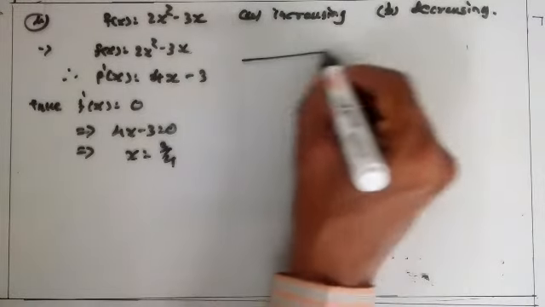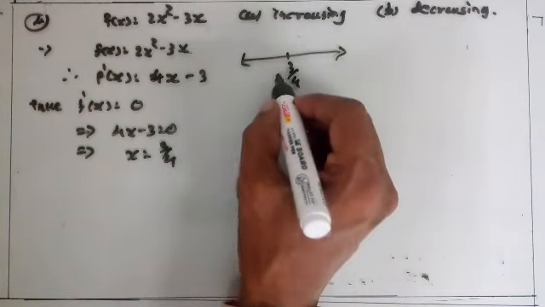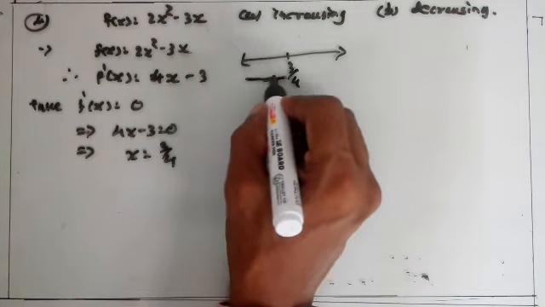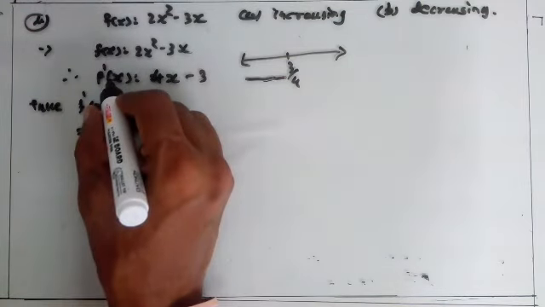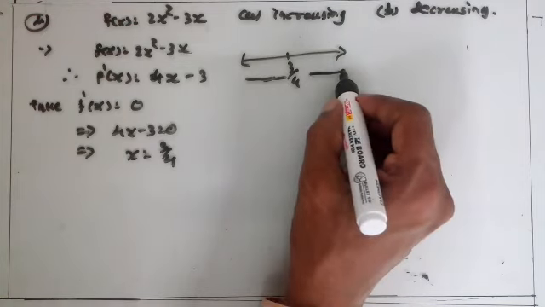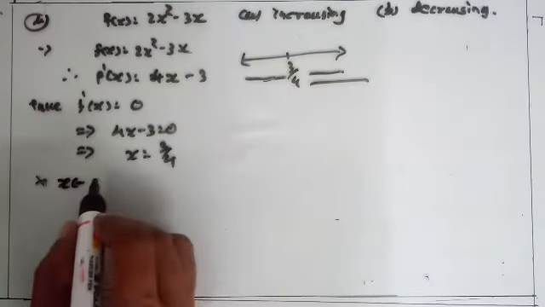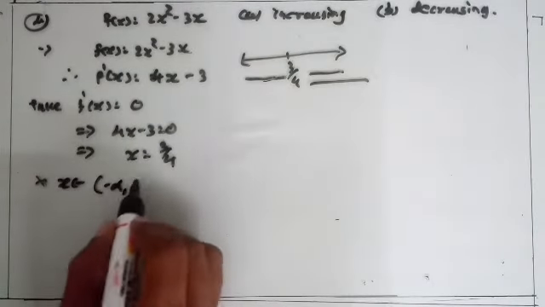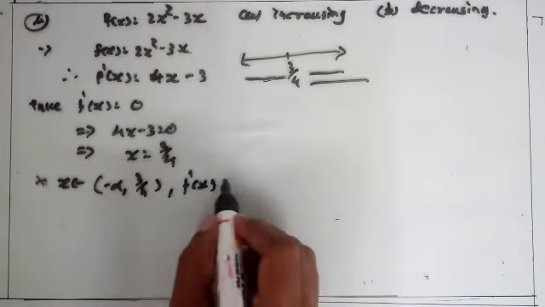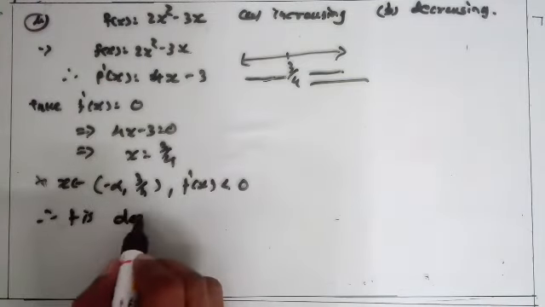So remember this: in minus infinity to 3/4, f'(x) is less than 0, and in 3/4 to infinity, f'(x) is greater than 0. So for all x belonging to minus infinity to 3/4, the first derivative f'(x) is less than 0. Therefore, f is decreasing. Clear?